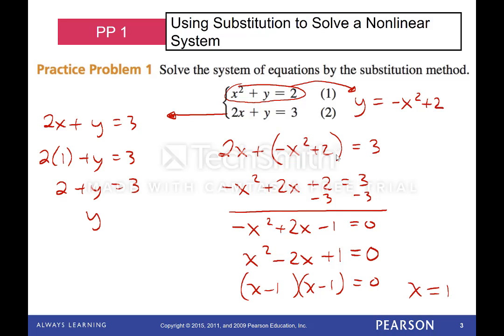As we subtract the 2 out from both sides, we get the fact that y is equal to 1 as well. So there it is. There's our answer. Our answer is x comma y, and we have solved it. So again, if the y value is a linear value, we want to solve for y being the linear value. And then what we do is we work the rest of the way.